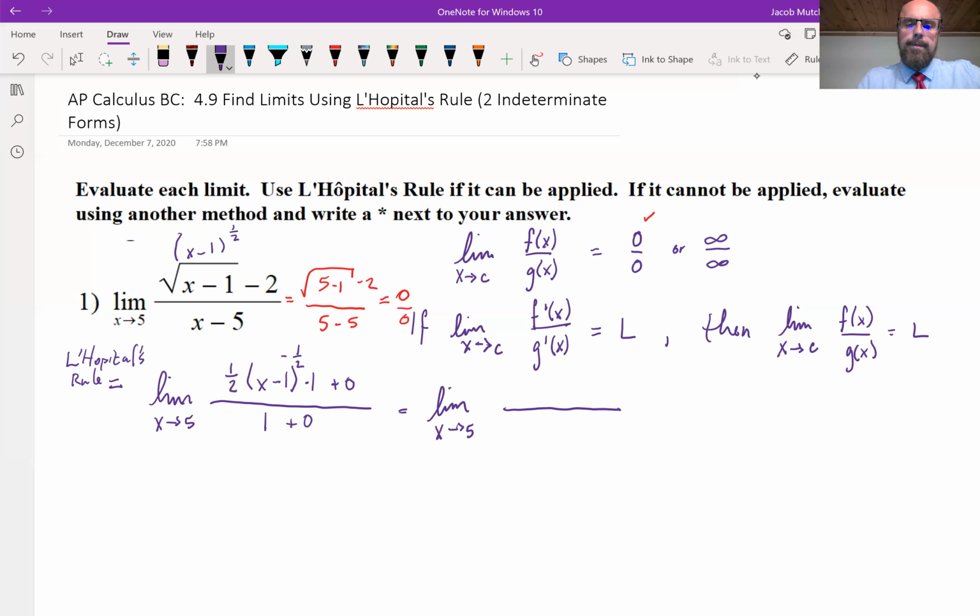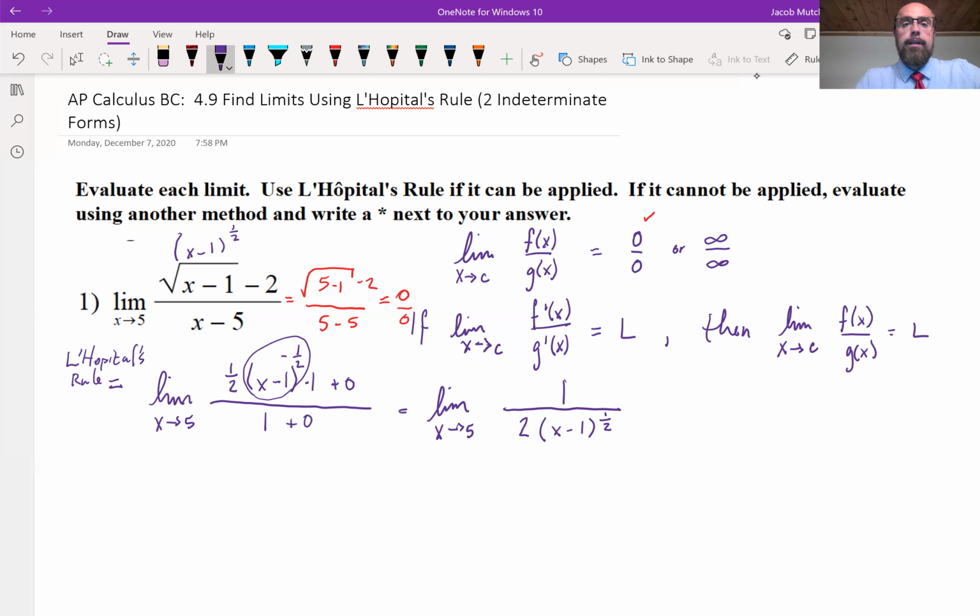And quite a bit is going to fall out of this numerator. The 0 and the times 1 are going to fade away. But the 1/2, I can let the 2 drop to the denominator. And since this base to a power is a negative power of 1/2, I could write that with the positive 1/2 exponent by letting it fall to the denominator as well. And that would leave just 1 in the numerator.